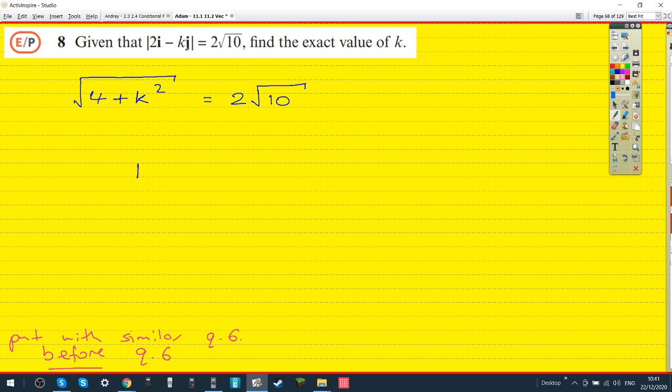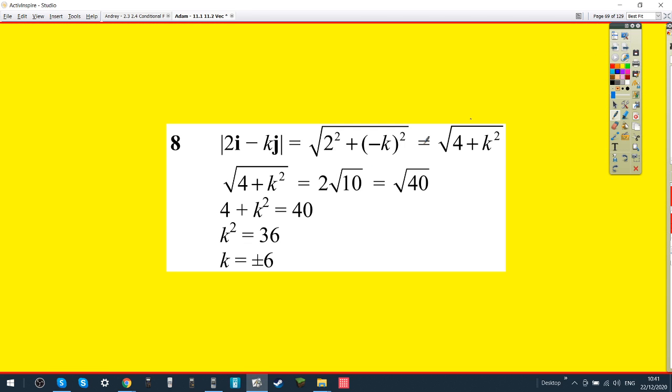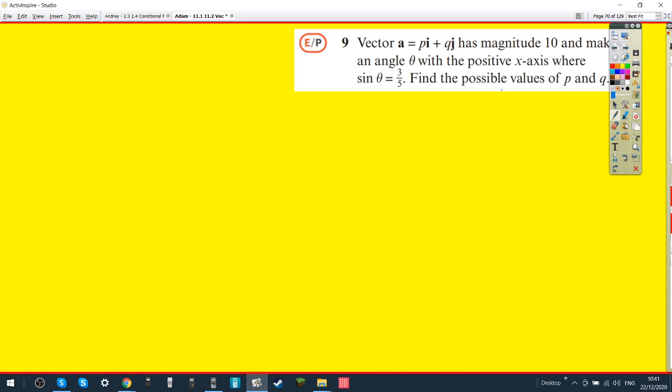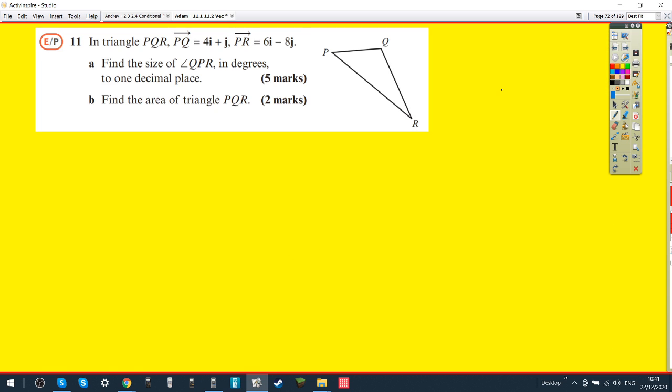Plus or minus 6. It says value. I was just expecting there to be 2. Yeah, plus or minus 6. Don't forget the minus. You've got the idea.